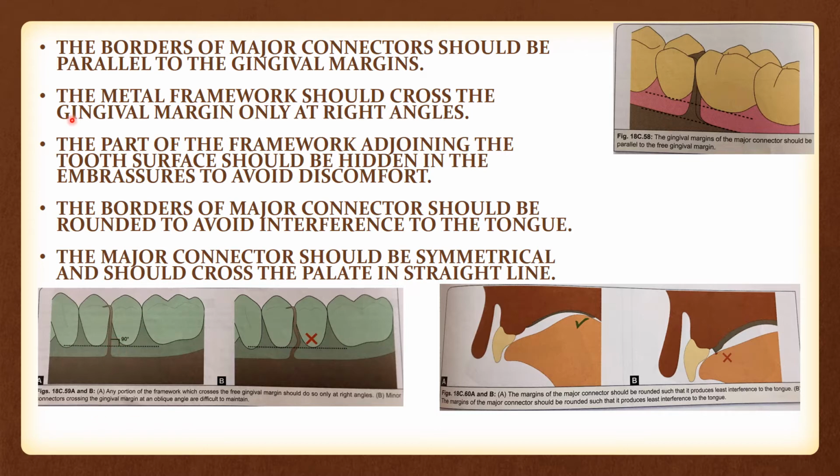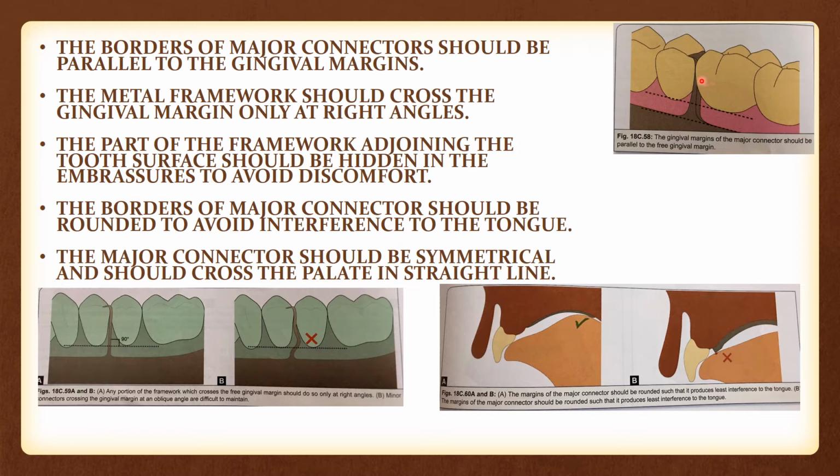The next is the part of the framework which is adjoining the tooth surface. It should be hidden in the embrasures to avoid discomfort. As you can see here, it is hidden in the embrasures so that it is not discomforting the patient.